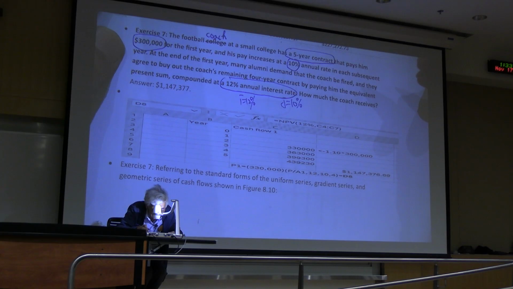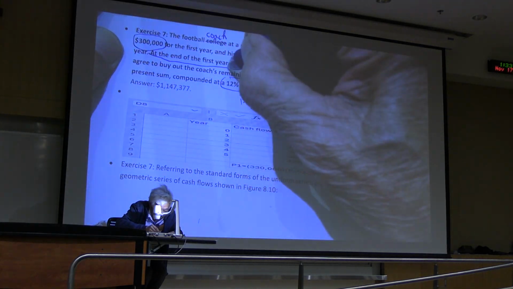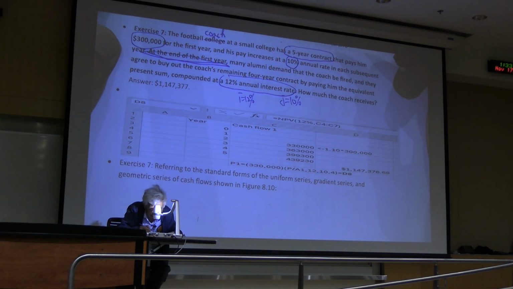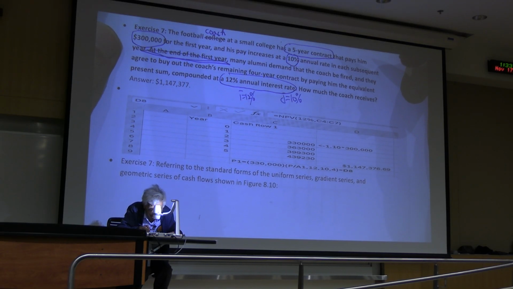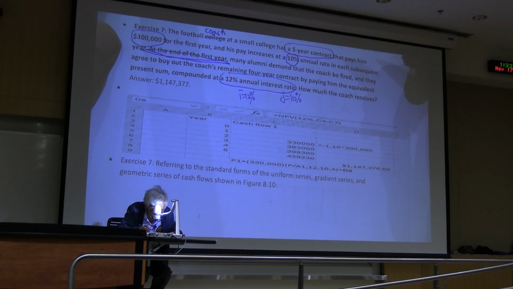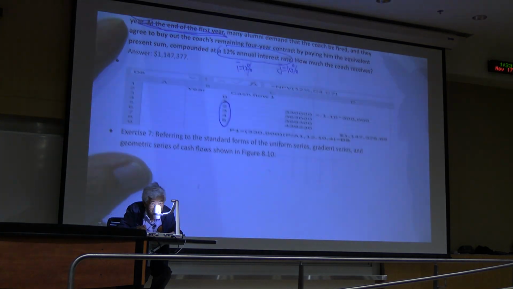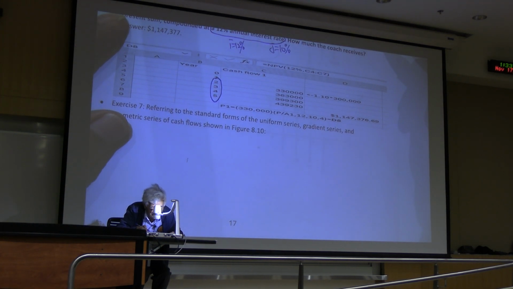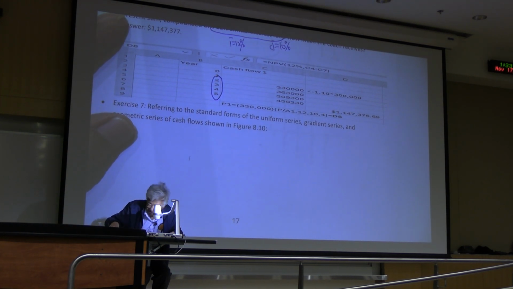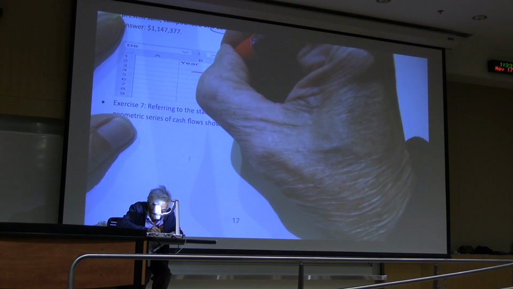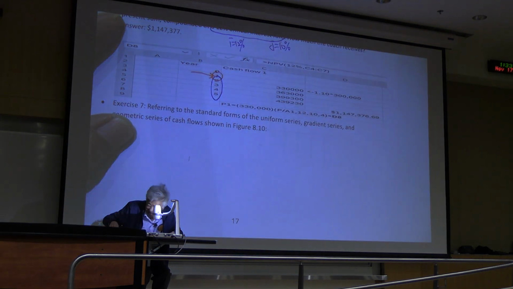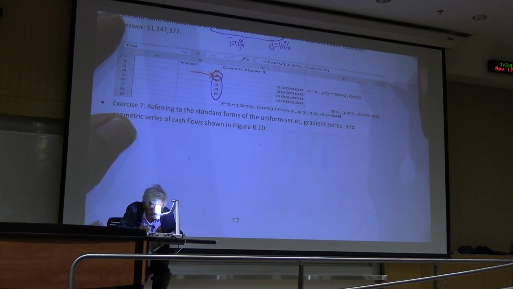Now, after the first year, alumni did not like him and fired him. They want to buy out the remaining 4-year contract, years 2, 3, 4, 5. How much money will you need to pay the coach at the end of year 1?